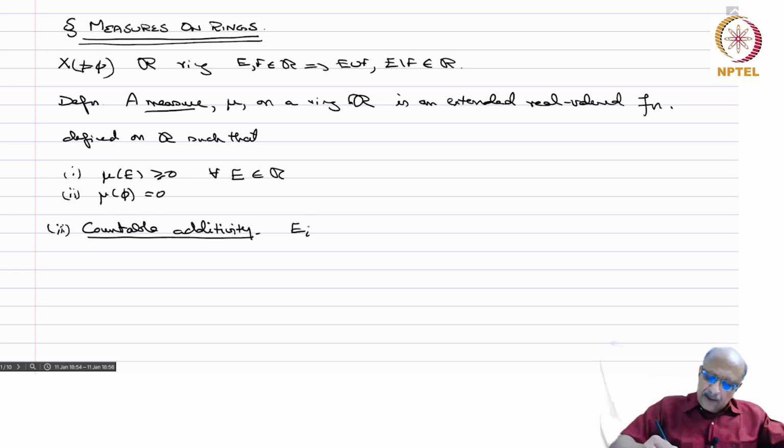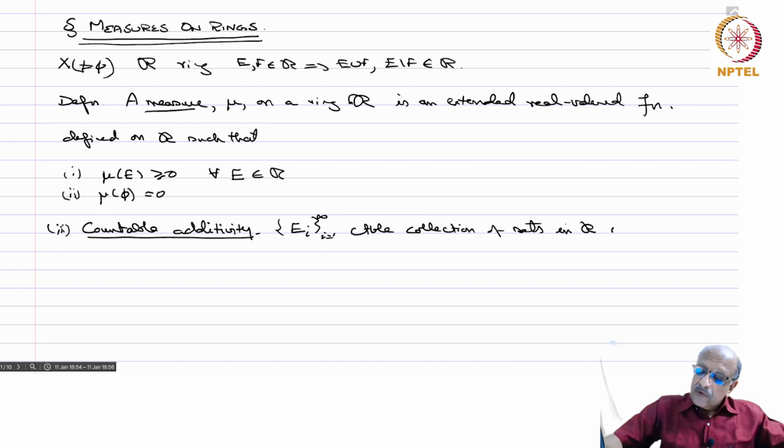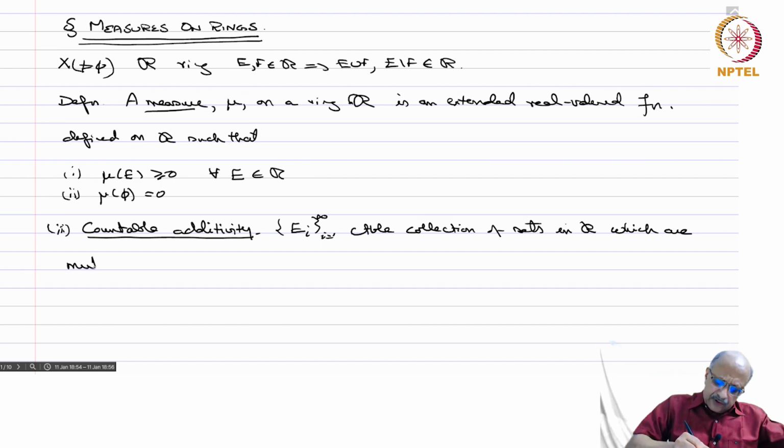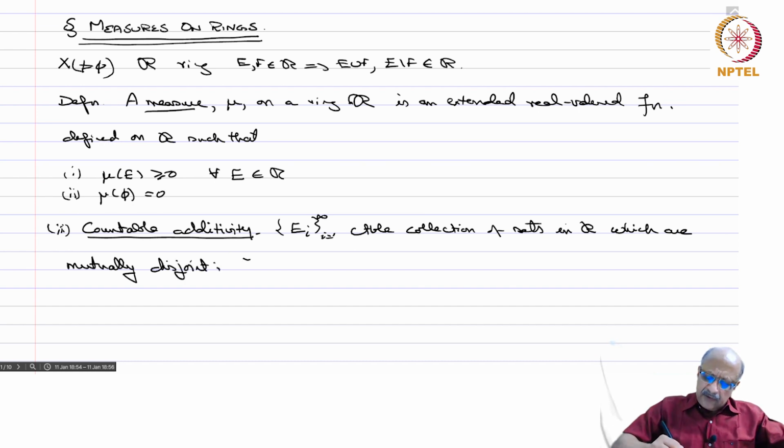So E_i, i equals 1 to infinity, is a countable collection of sets in R which are mutually disjoint. That means E_i intersection E_j is empty if i is not equal to j.